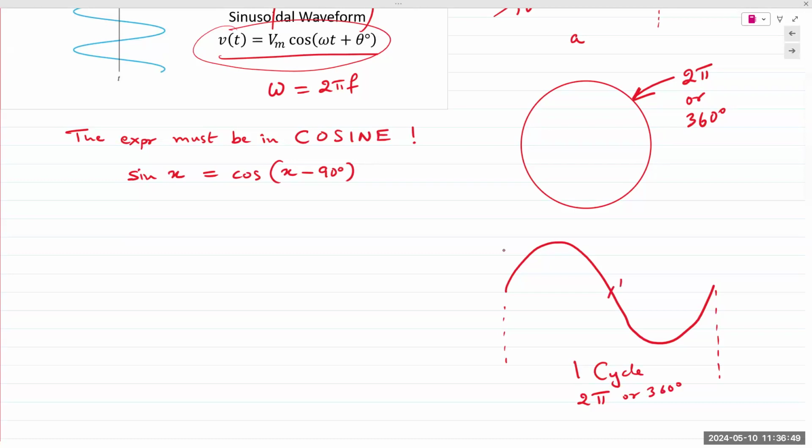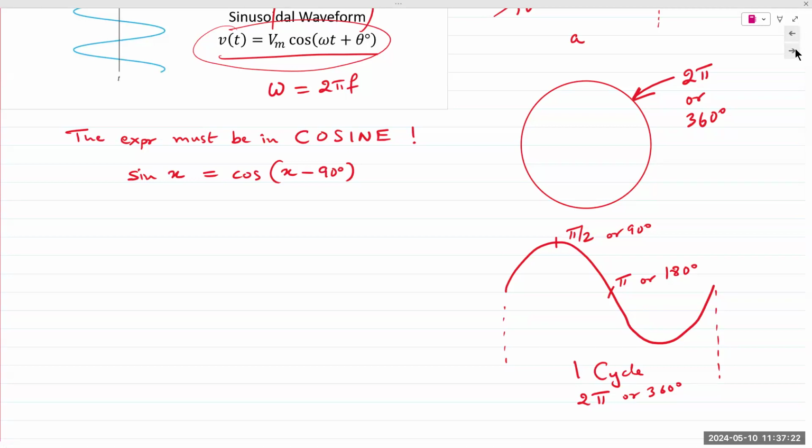Half a cycle is pi, or 180 degrees, and a quarter cycle is pi by 2, or 90 degrees. In a vector, we talk in terms of radians, 2 pi radians, 360 degrees. Half a cycle is 1 pi, 180 degrees, and a quarter cycle is pi by 2, 90 degrees.